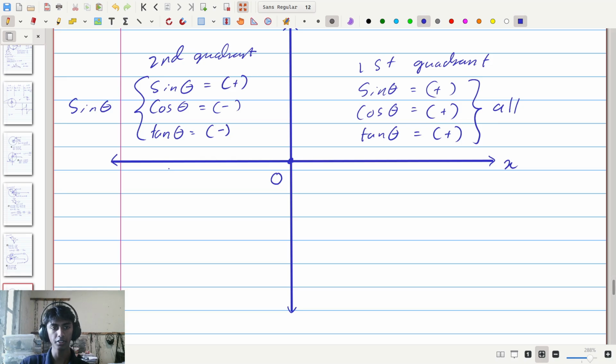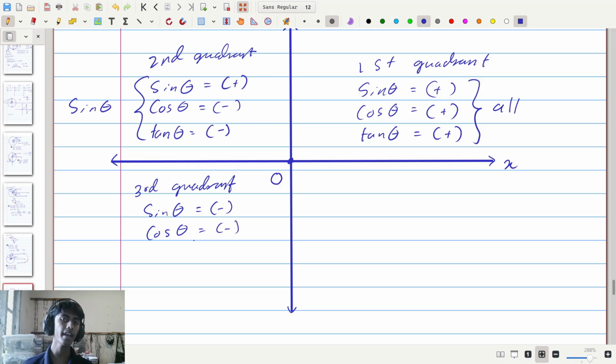Considering the next quadrant, this quadrant you can probably guess is called the third quadrant. Within this quadrant, x and y are both negative. So the x direction we are going in the negative direction, y direction we are going in the negative direction. So x and y are both negative, which means that sine theta is negative and cosine theta is negative.